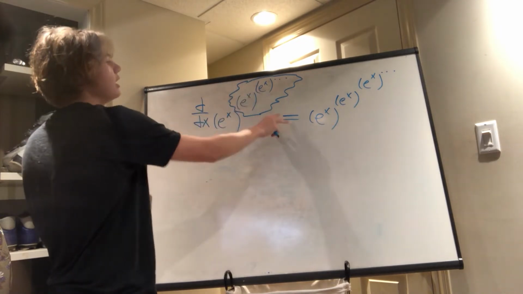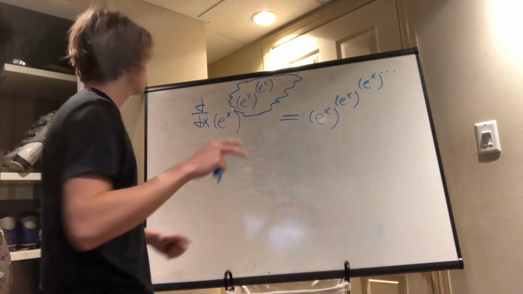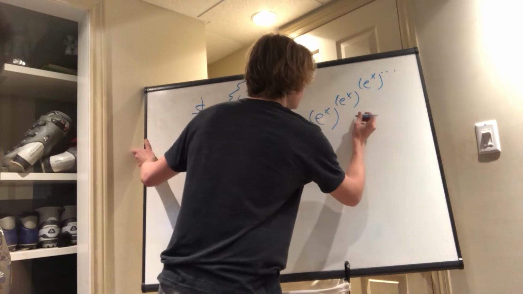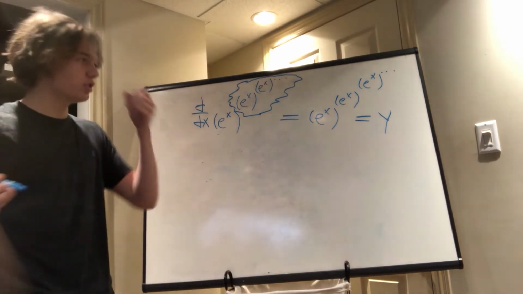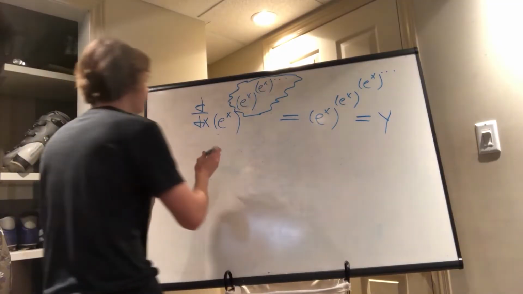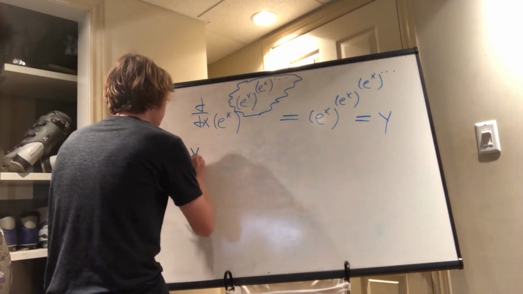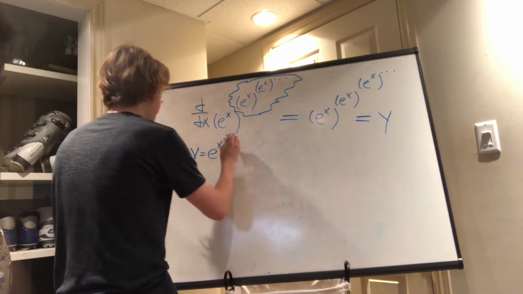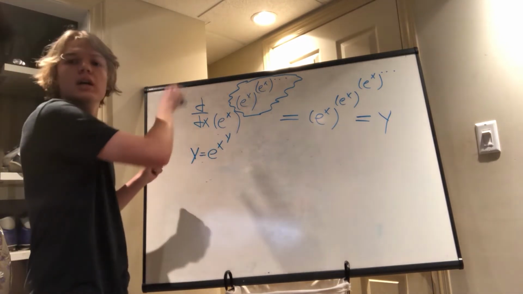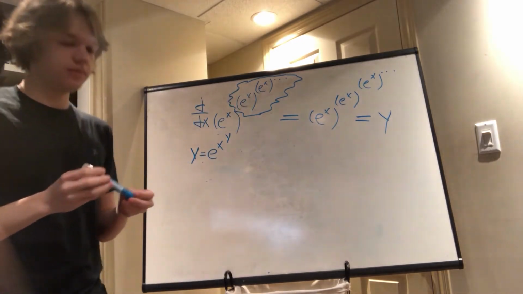Just that part equals that, which we can set equal to y. It's our function. So, we can say y equals e to the x to the y. And then it'll have infinite recursion built in.